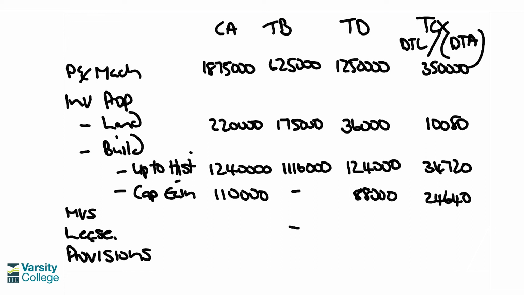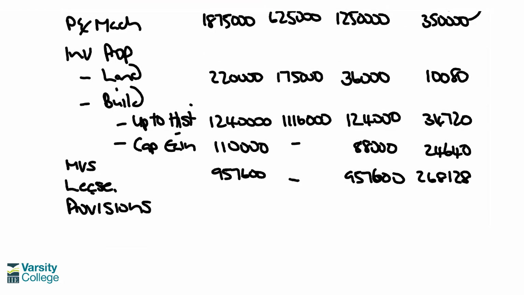So back to our table, 957,600. Nothing for tax base. Temporary difference there for 957,600. And the DT at 28% is 268,128. And we're still working on rule number 1, because in all instances here, the carrying amount of the asset is greater than the tax base of the asset.